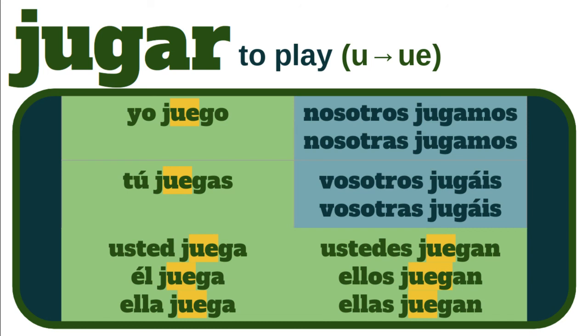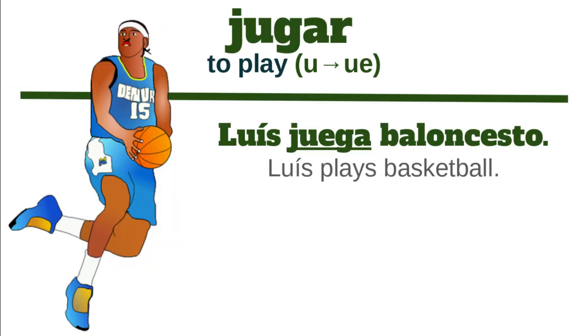So the forms are yo juego, tú juegas, usted juega, él juega, ella juega, nosotros jugamos, nosotras jugamos, vosotros jugáis, vosotras jugáis, ustedes juegan, ellos juegan, ellas juegan. Luis juega baloncesto. Luis plays basketball.